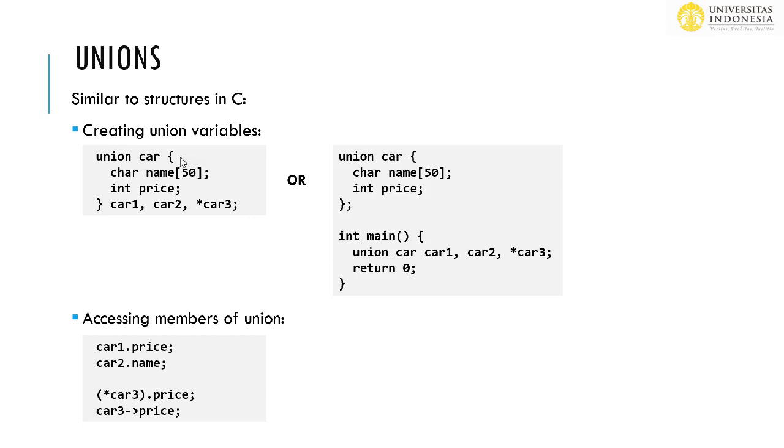So a union tries to compact your space, instead of wasting storage for all the variables you define in the program, it just ignores the irrelevant data.